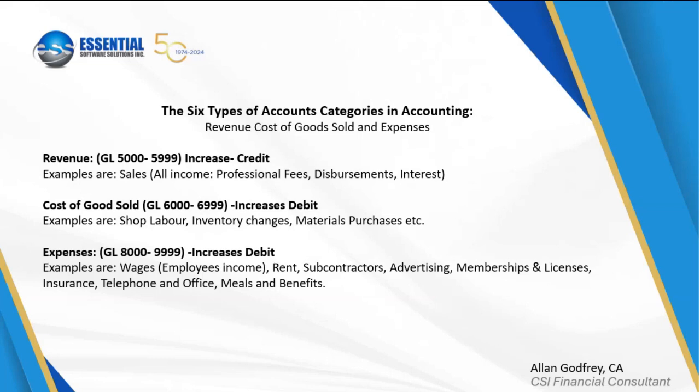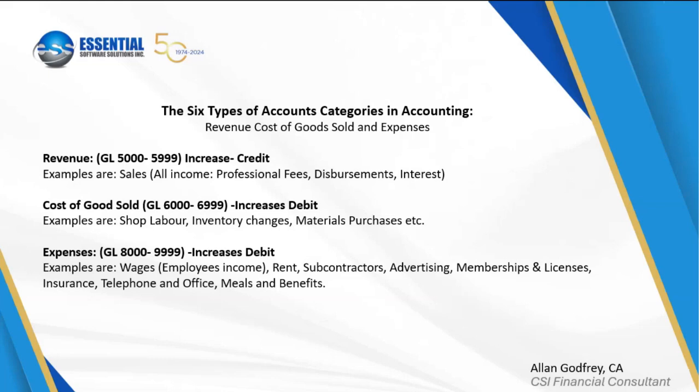What are examples? Of course, we've got our sales, regular income, professional fees or disbursement revenue, or maybe interest charges or finance charges, anything where you're basically making money for the organization. So that's considered obviously a revenue.